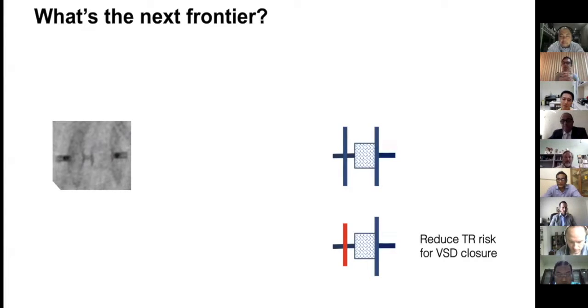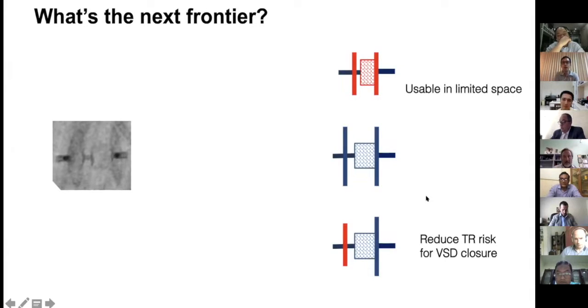As we discussed previously, we experienced some tricuspid valve issues. So if for some reason the company can think about reducing the size of the right ventricular disc, or low pressure disc, that may reduce the TR risk when we use it for the VSD.